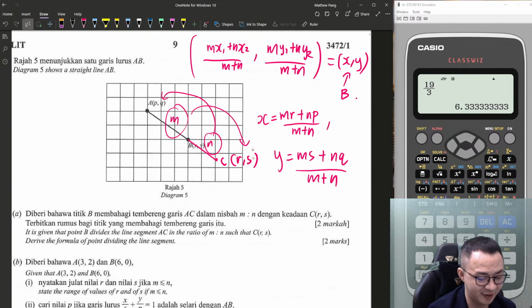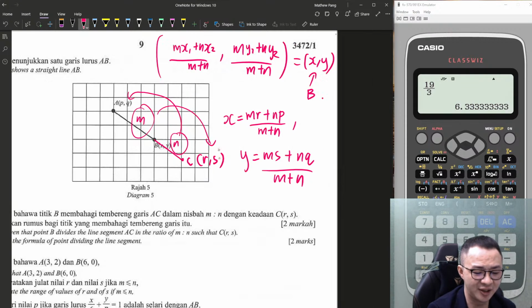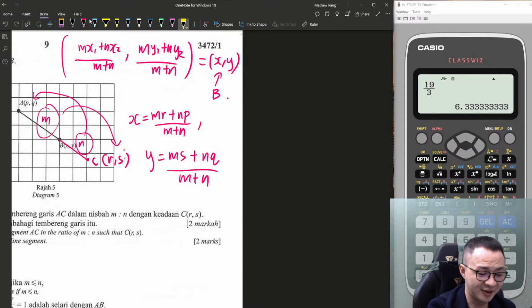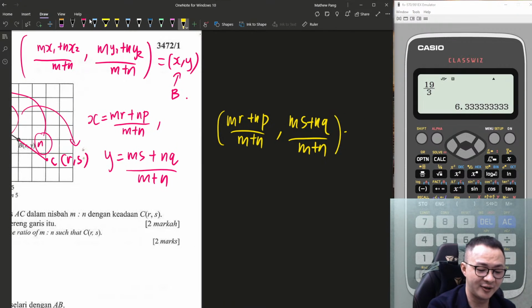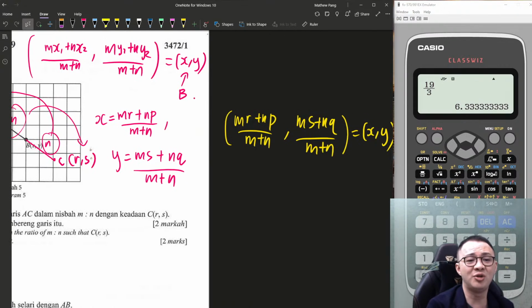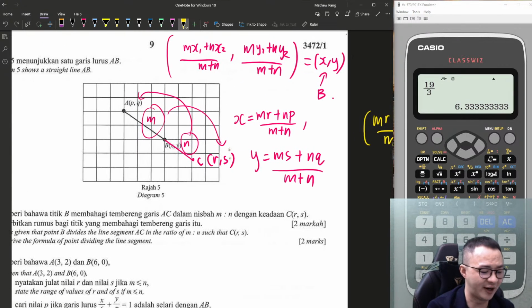You can write it like this, or if you prefer, you can group them together: mr plus np over m plus n, comma, ms plus nq over m plus n, equals xy. I think both are fine for 2 marks. They just want you to derive the formula, meaning when my constant values or my ratio change, I can just use this formula to finish my work. This is what it means to derive the formula.